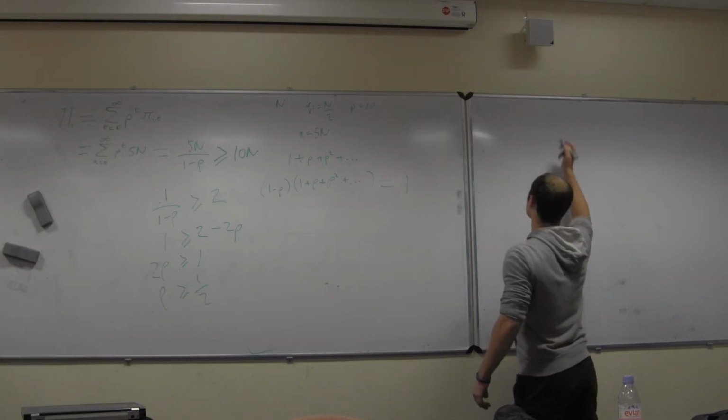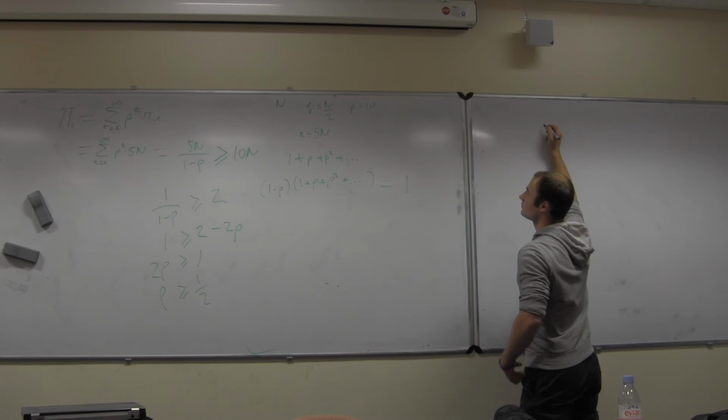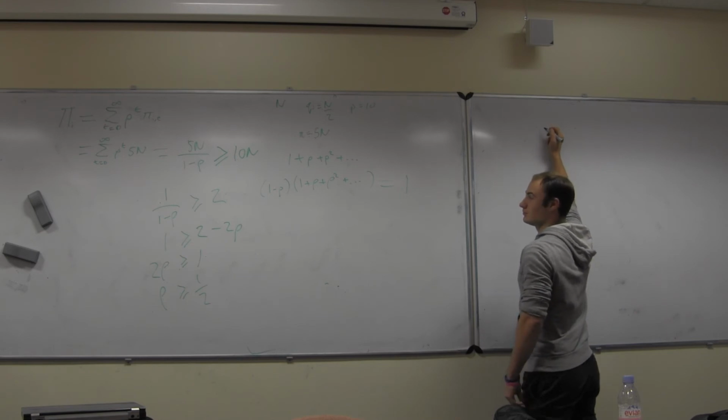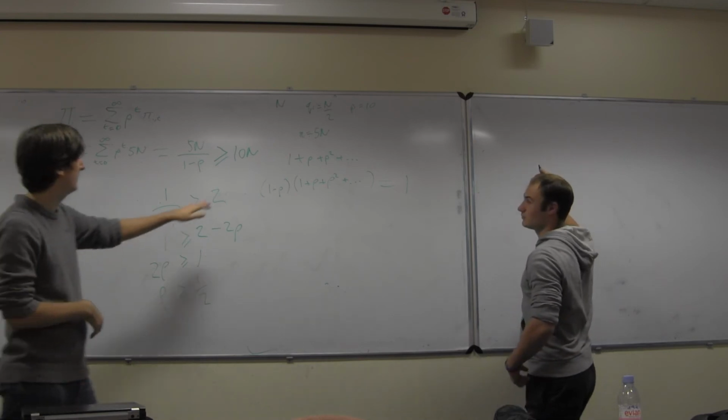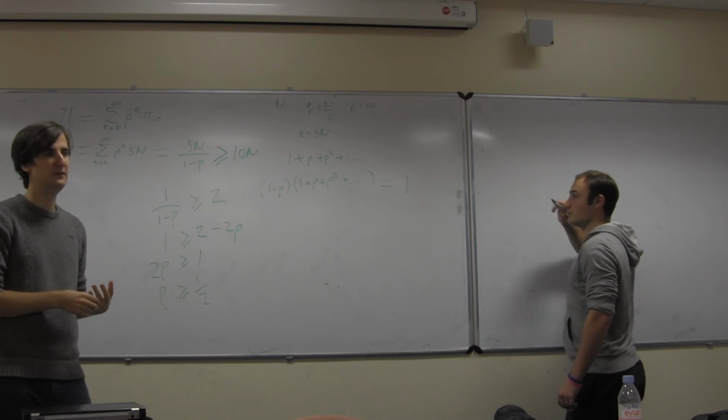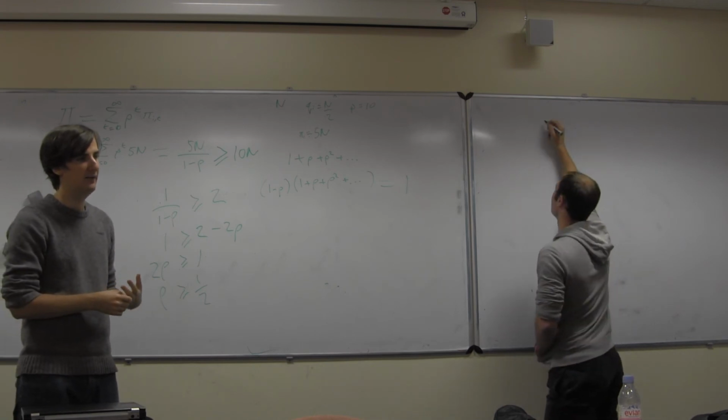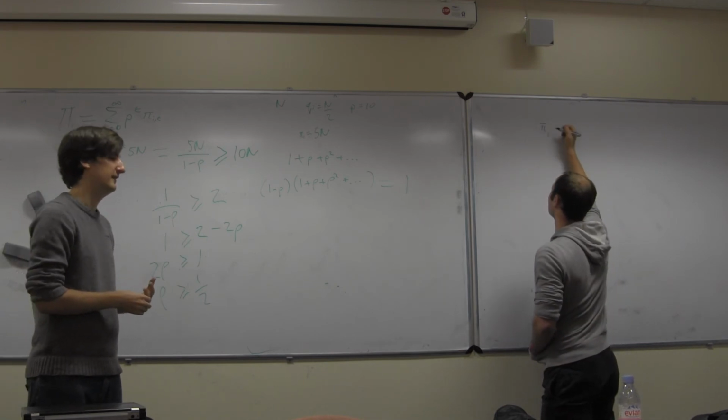So before we even start, which firm is going to be more tempted to deviate? Firm 1, because if firm 1 deviates they get profits of 10n, but if firm 2 deviates they get a profit of 6n.